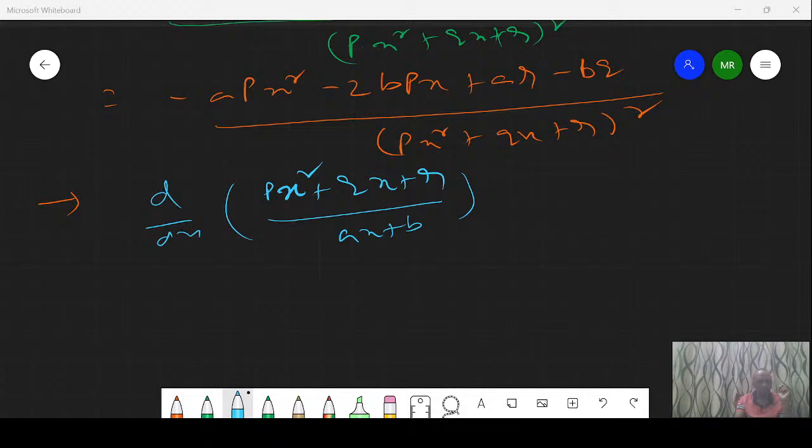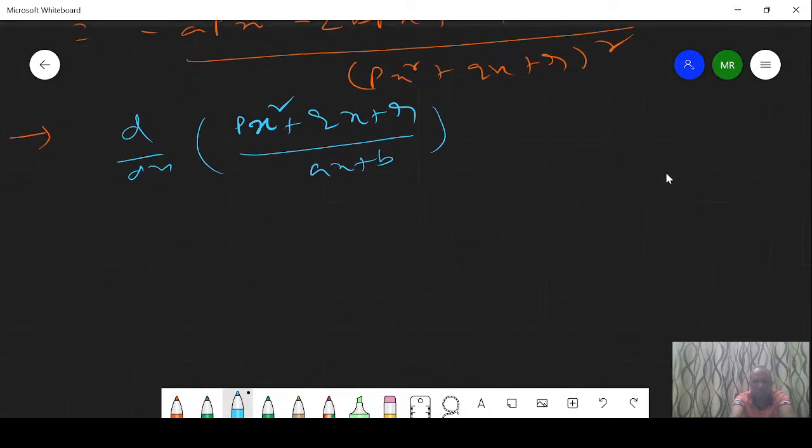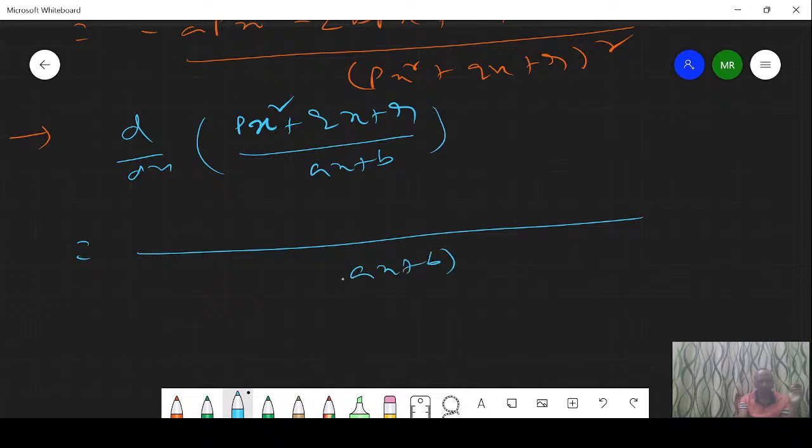Just observe the quotient rule. When I am using the quotient rule here, the denominator will be (ax plus b) whole square. Then (ax plus b) into d by dx of (px square plus qx plus r), minus (px square plus qx plus r) into d by dx of (ax plus b).